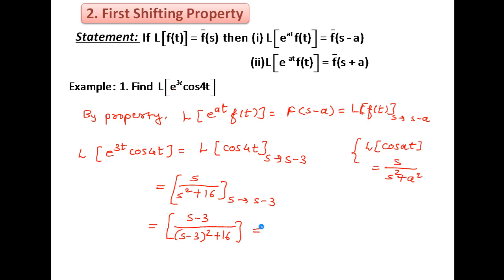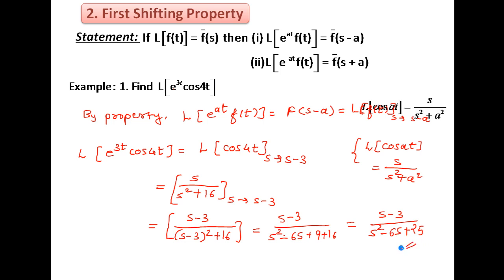Also we can solve this denominator by opening the square bracket. We can write s minus 3 upon s square minus 6s plus 9 plus 16, that is s minus 3 upon s square minus 6s plus 25. So that is our final answer. I hope you understand the example.